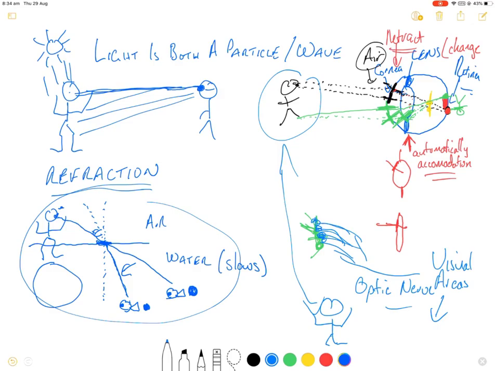The upside down image that's produced on your retina is converted by photoreceptors, and information is sent through the optic nerve to the visual areas, where you then perceive the image of the person standing in front of you.